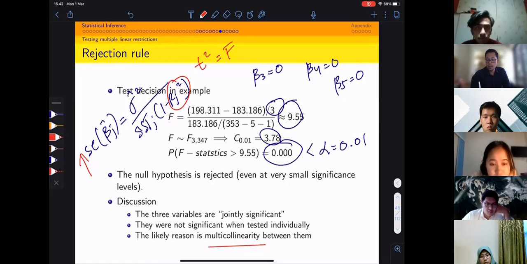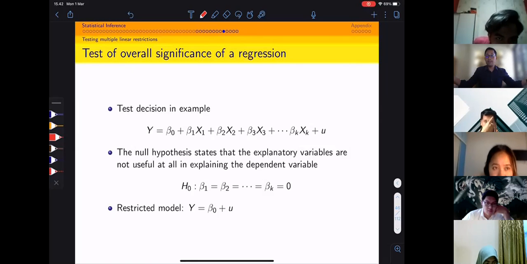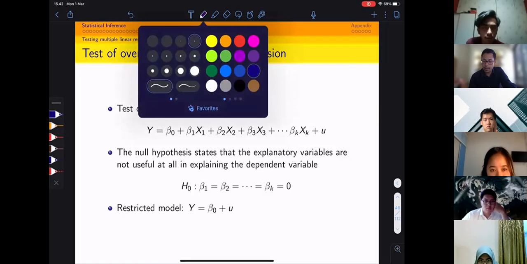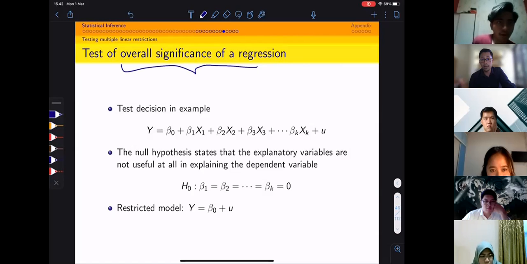Okay, good. I'm going to continue to the next discussion. So far we've supposed that we have 5 variables and we want to test whether or not 3 variables are jointly significant. In other cases, we also want to know whether or not there is an overall significance of a regression.